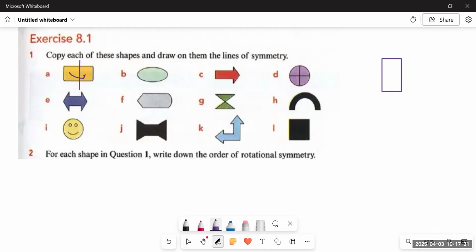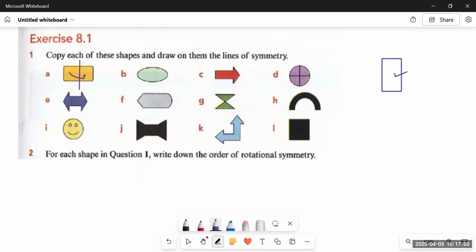What will happen? The shape would look like this. One half of this shape fits exactly on top of the other half. That is why this line that I have drawn in between is a line of symmetry.